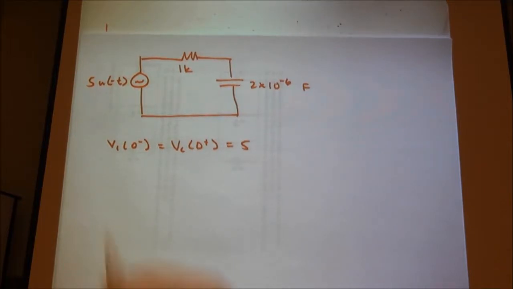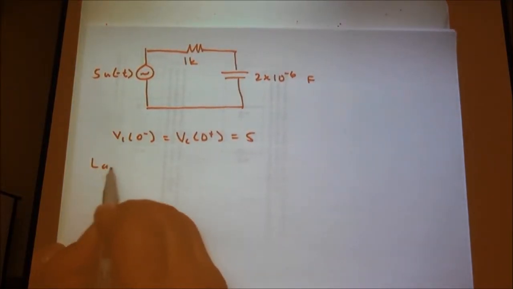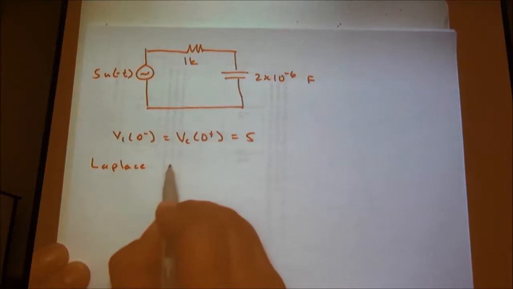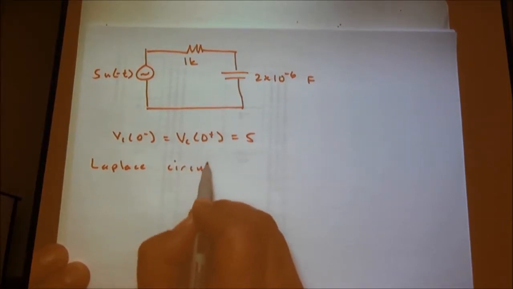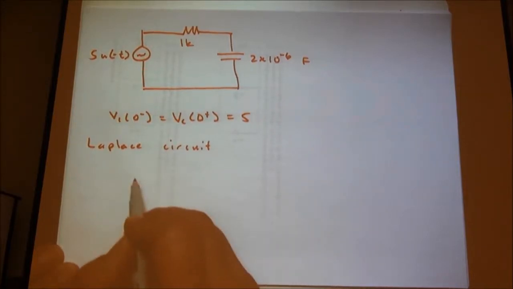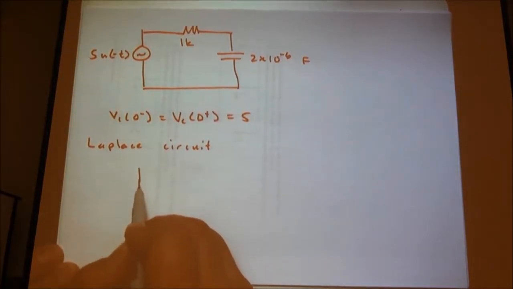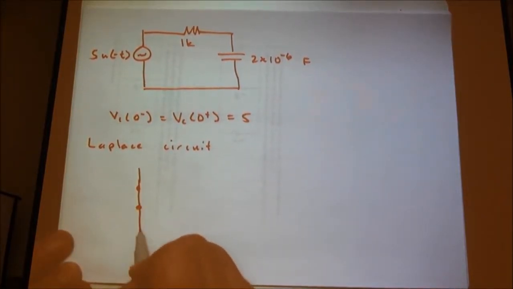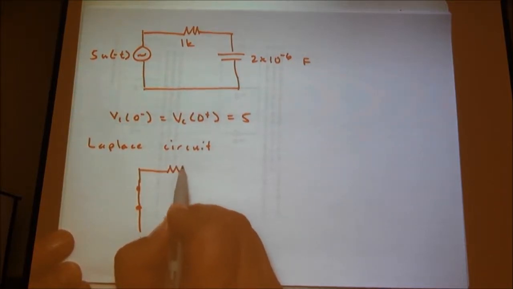And so what is our Laplace equivalent circuit now? Well, our source is off. So remember, this is a t greater than 0 circuit.